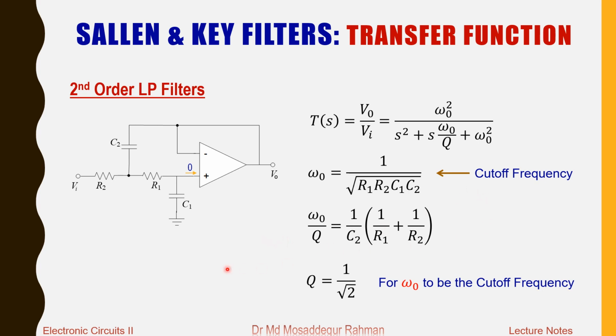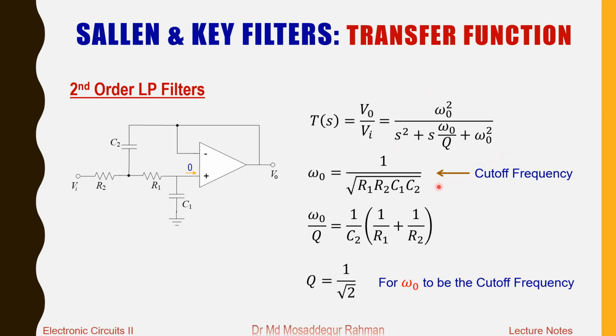So after solving for the node equations, you derive the expression for the transfer function V naught by Vi, and after some manipulation of that transfer function, you can write the transfer function in this form, where omega naught is this and Q is this, and this is what is known as the standard form of transfer function for the second order low pass filter.